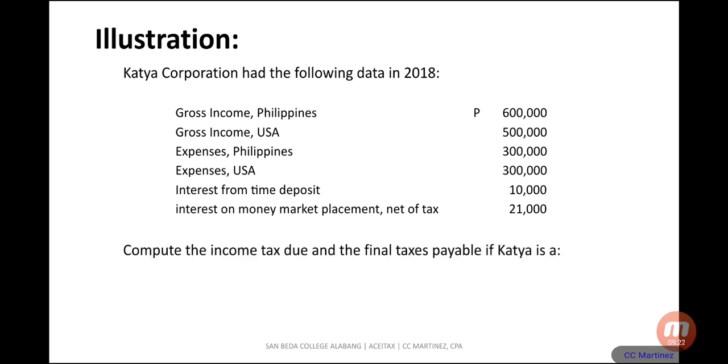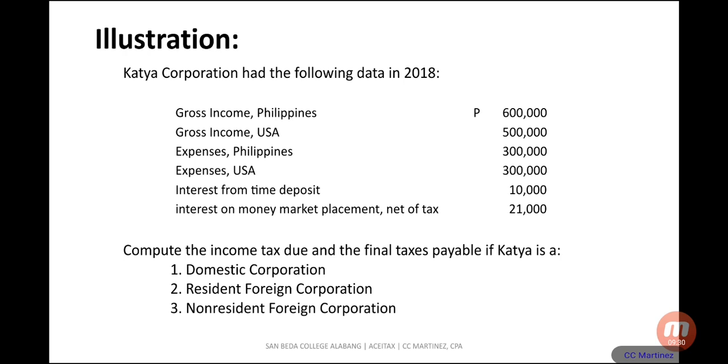Compute for the income tax due and final taxes payable if Katsa is a domestic, resident foreign corp, and non-resident foreign corp. Okay. So, I will just give you this problem as your exercise. Okay. So, that's the end of taxation of corporation.